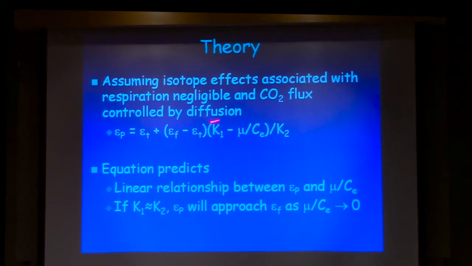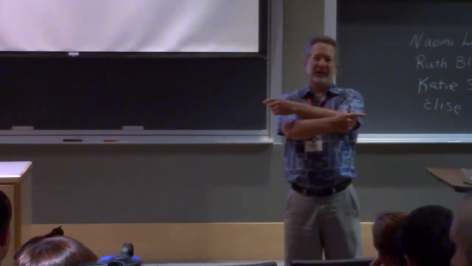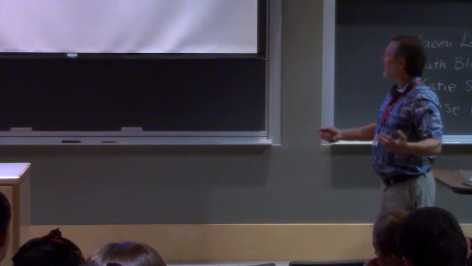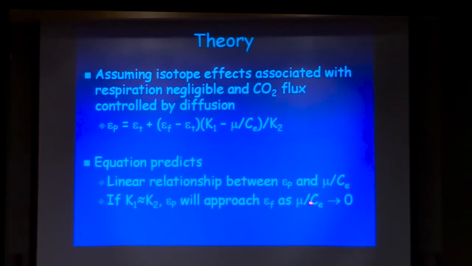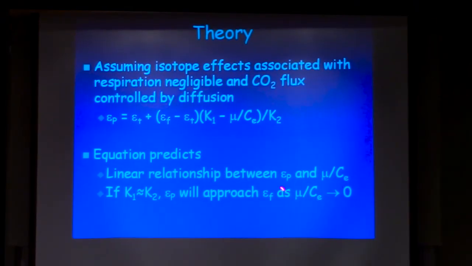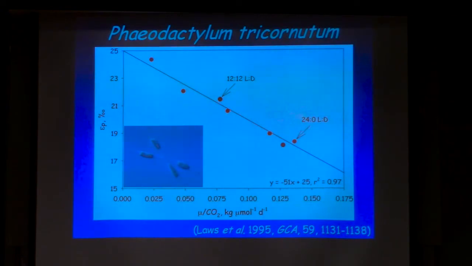And if these two rate constants, for CO2 across the membrane going in and across the membrane going out, are at least approximately equal, and it's logical that they would be pretty close to one another, then as we go to infinitely low growth rates or infinitely high external CO2 concentrations, we would expect fractionation to maximize. Why? Well, if this goes to 0, that drops out, those cancel each other, and epsilon P will go to epsilon F.